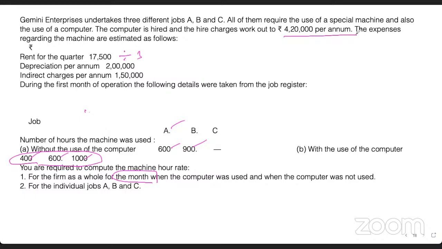Next, machine hour rate. For A, 17,000 rupees for 600 hours plus 400 hours, 1,000 hours, comes to 17 rupees per hour.